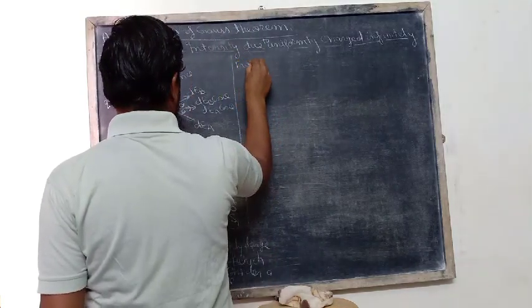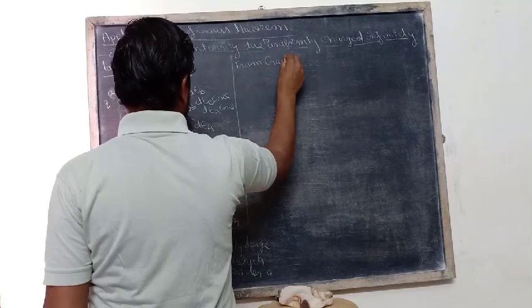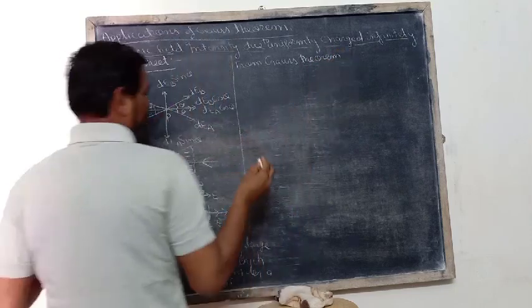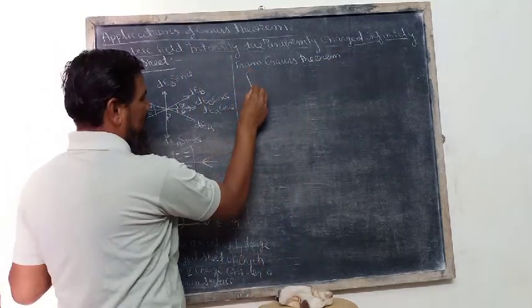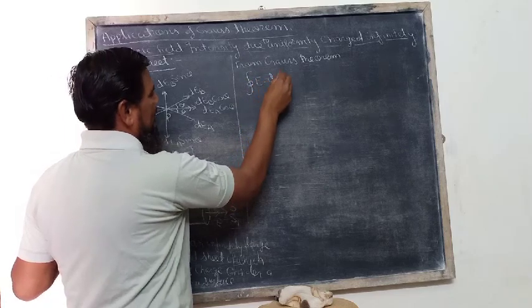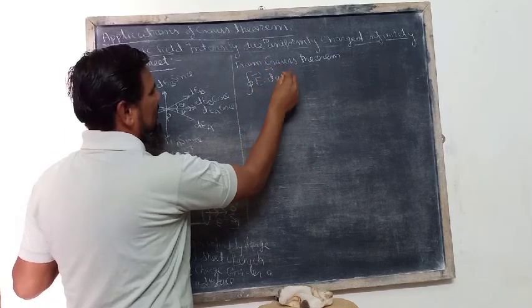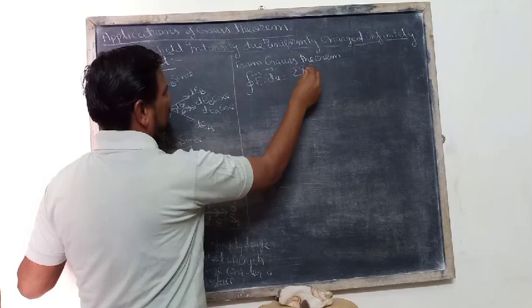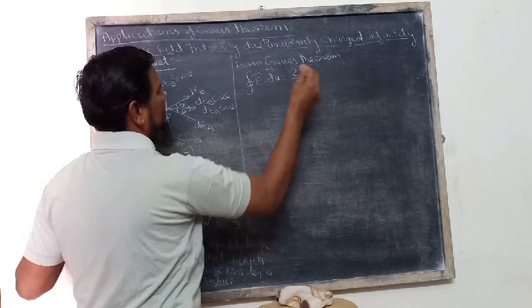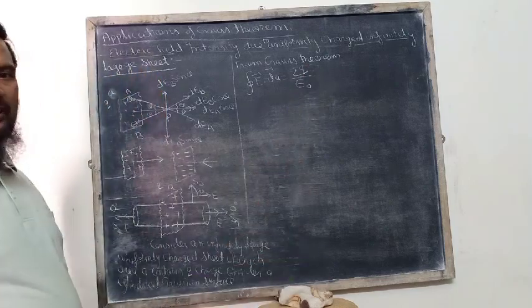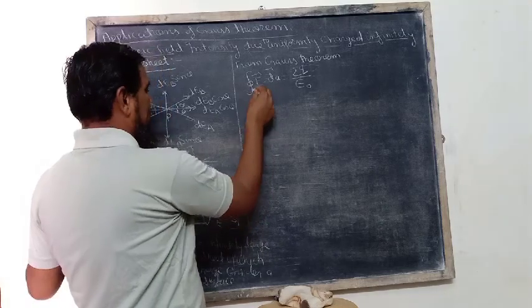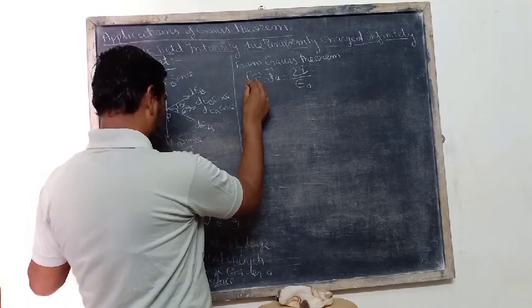From Gauss theorem, we know that the mathematical form is: the net outward electric flux is equal to the ratio of the summation of Q, meaning the algebraic sum of all charges, to the permittivity of vacuum. This is for the whole closed surface.